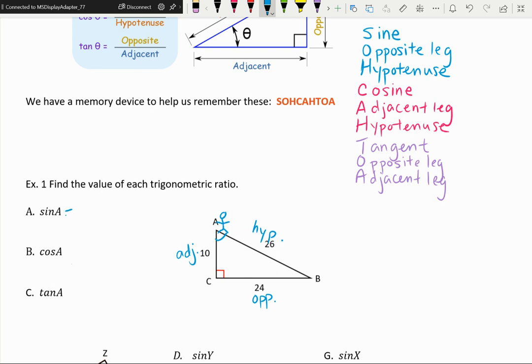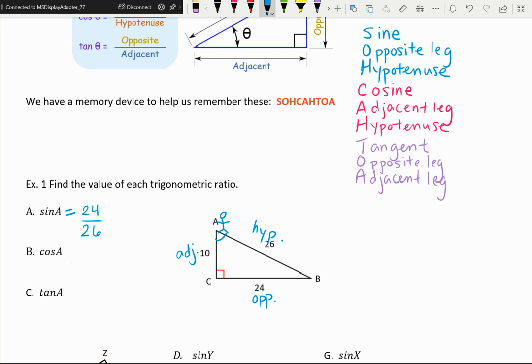Sine of A is equal to the opposite leg, which I just named 24, divided by the hypotenuse, which I named 26. And that's it. You've set up your first trig function.